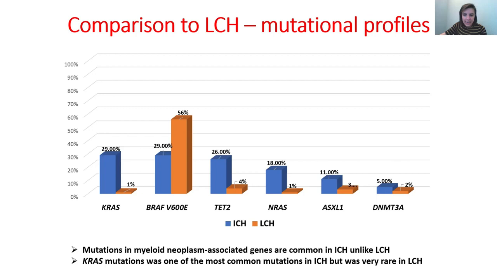Although both diseases have frequent BRAF V600E mutations, indeterminate dendritic cell histiocytosis appears to have concurrent mutations in myeloid neoplasm-associated genes, such as TET2, DNMT3A, ASXL1, EZH2, unlike LCH. It wasn't very common in LCH.